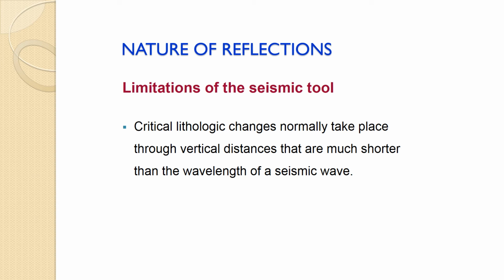As we travel in depth, we have a lot of changes in lithology, and those changes sometimes happen very fast, which means the bed could be very thin, even thinner than the wavelength. If this happens, the seismic method will not help, because it can only estimate the thickness of layers greater than a fraction of the wavelength.